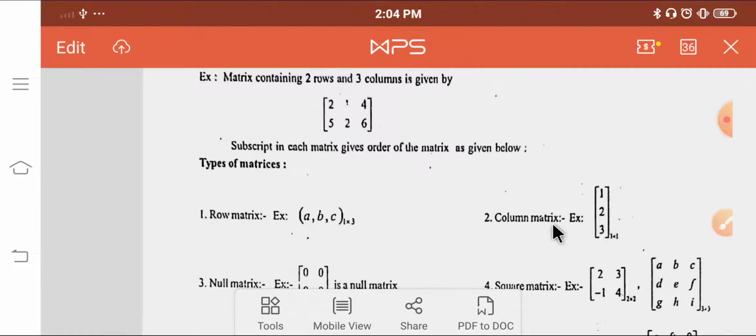Similarly, a column matrix is a matrix which contains only one column and n rows, that is, the number of rows should be more than 1 and the column should be 1. For example, here 1, 2 and 3, this is 3 rows and 1 column. So this is a matrix of order 3 by 1.